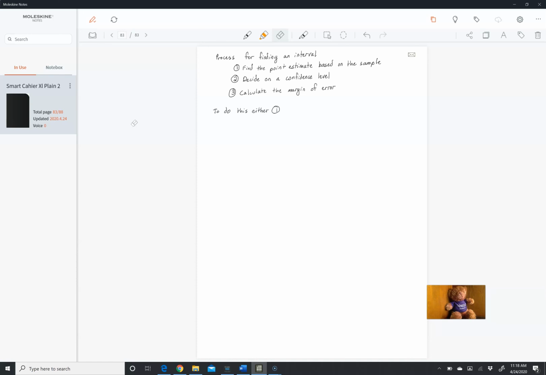This is the same thing that we did. Either the data is normally distributed or n is greater than or equal to 30. And this is the central limit theorem.